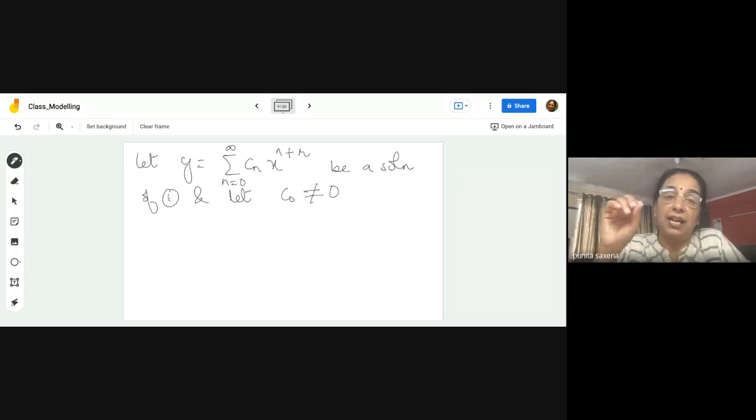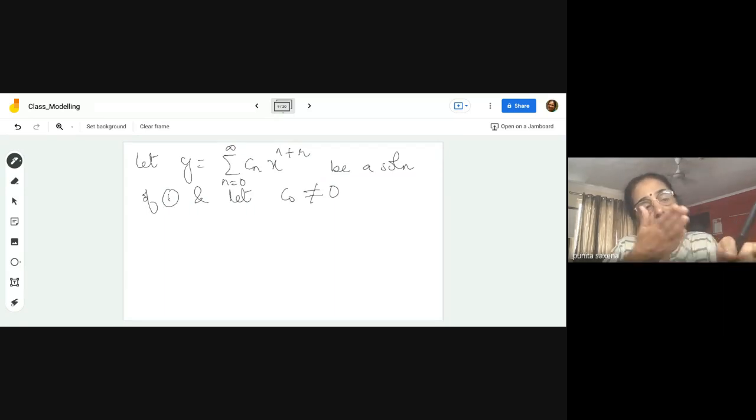Number two, that means we always ensure that my Frobenius power series starts with C naught x to the power r. In the case of earlier power series, we did come across certain situations where C naught was 0. That means our series was starting from C1x and other terms. Maybe C naught and subsequent even terms were 0, so my series had only the odd terms, and that's why the series started with C1x.